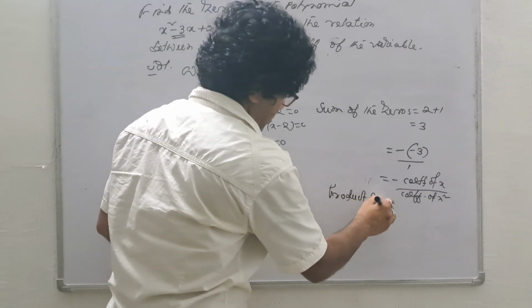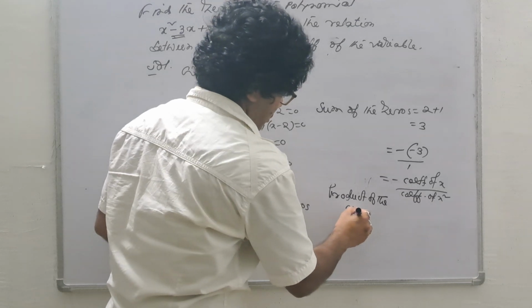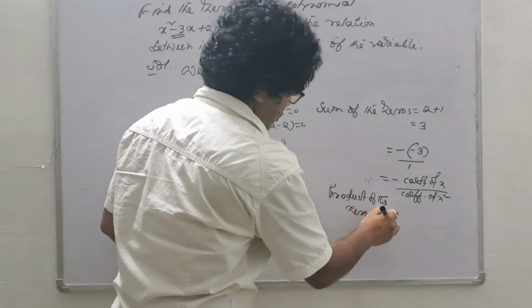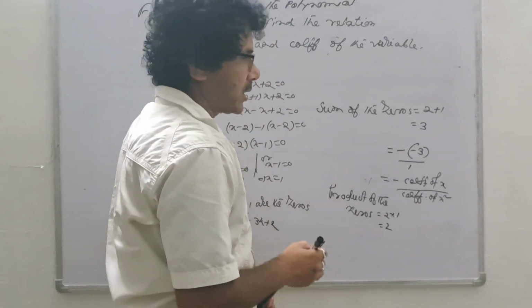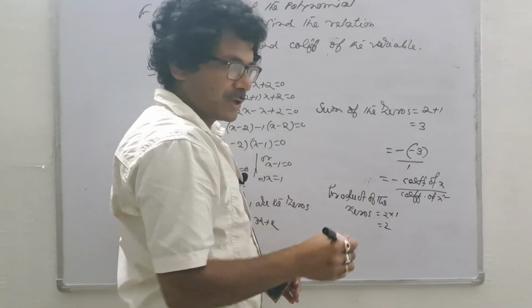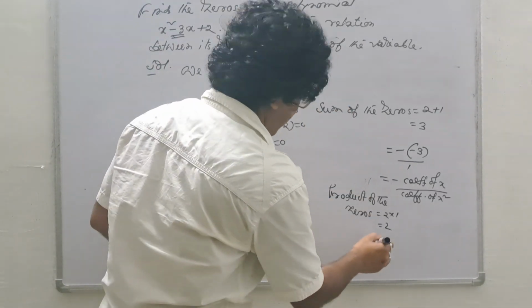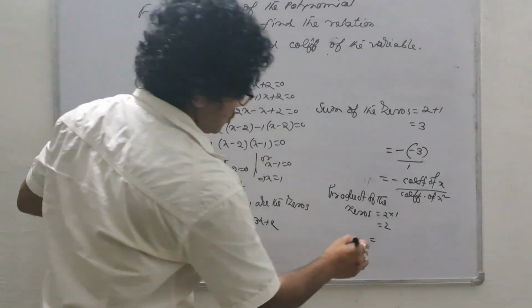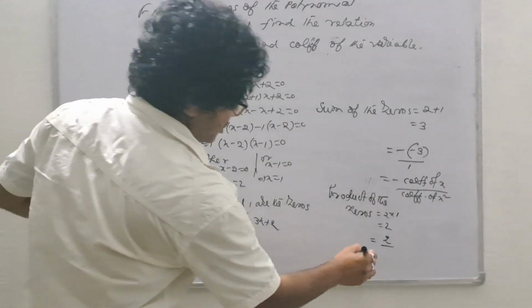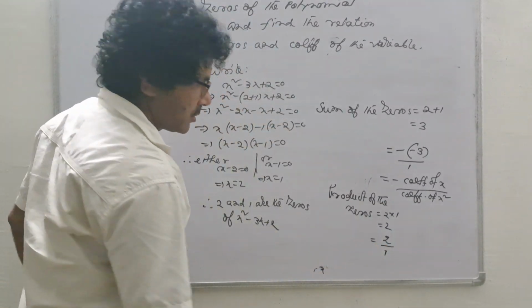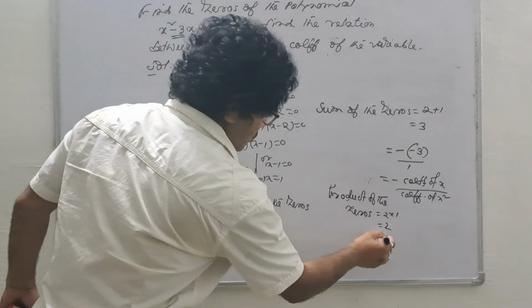Next, the product of the zeros. Zeros are 2 and 1, so 2 multiplied by 1. So the product of the zeros is equal to what? Constant term divided by coefficient of x squared. What is the constant term here? 2. Divided by the coefficient of x squared, which is 1. So we can write 2 by 1.